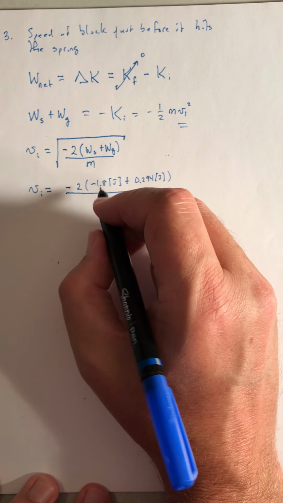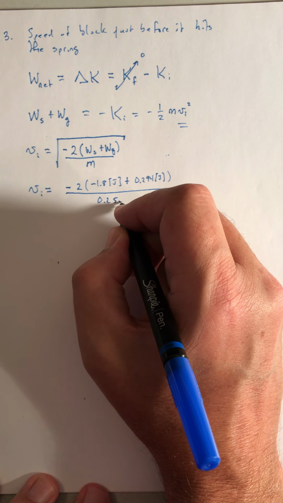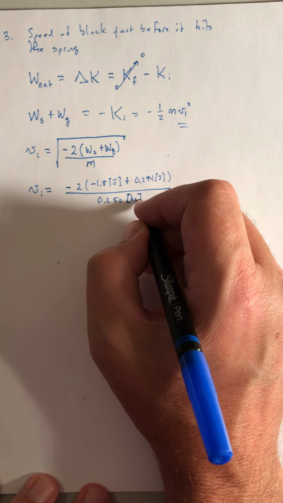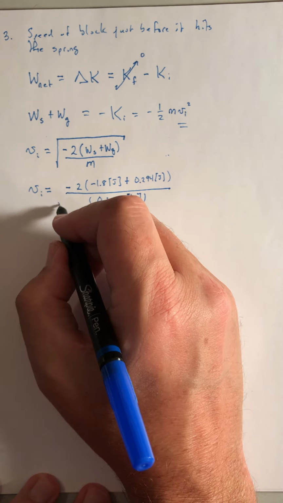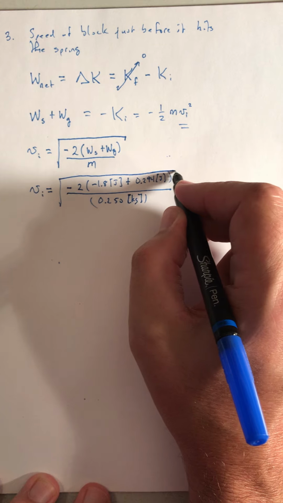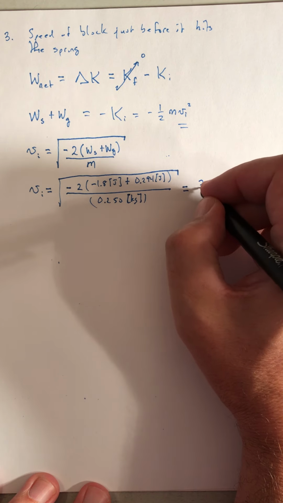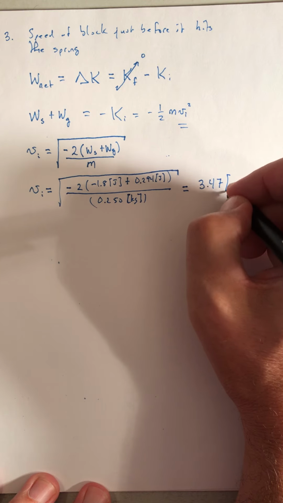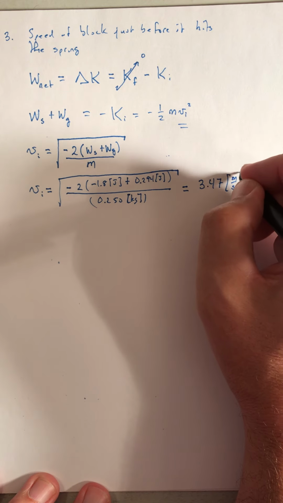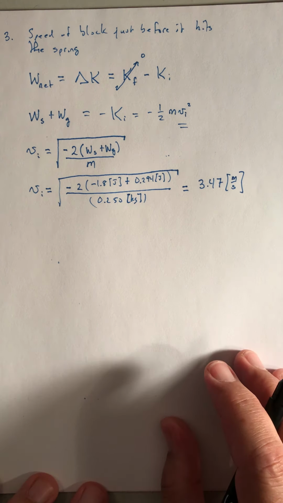We have the mass of the block, 0.25 kilograms, all under the square root, and that gives us 3.47 meters per second. I put that in my calculator.